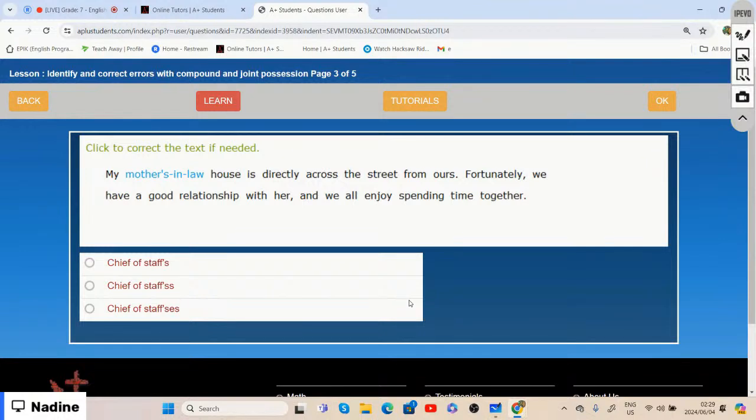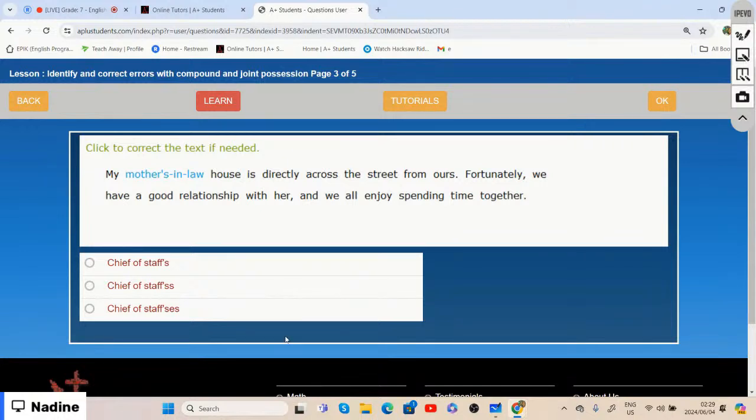All right. We say once again, my mother-in-law's house is directly across the street from ours. Fortunately, we have a good relationship with her and we all enjoy spending time together. So, yes, mother-in-law's. And we specifically said that the apostrophe goes at the end of that noun, right?